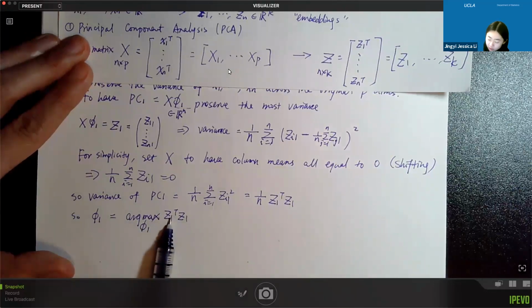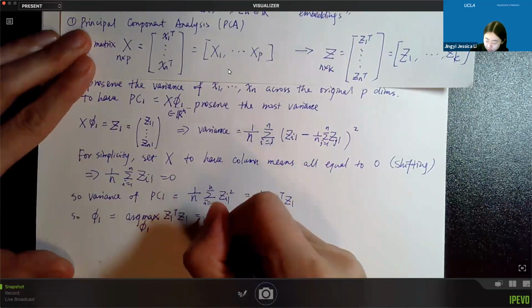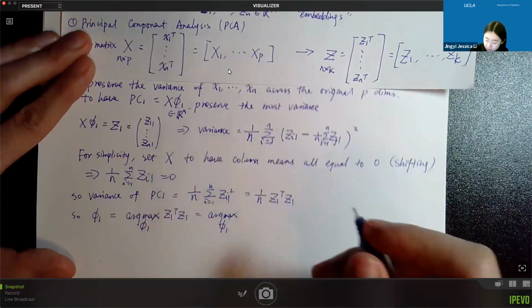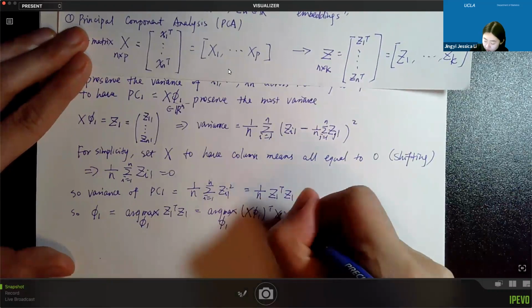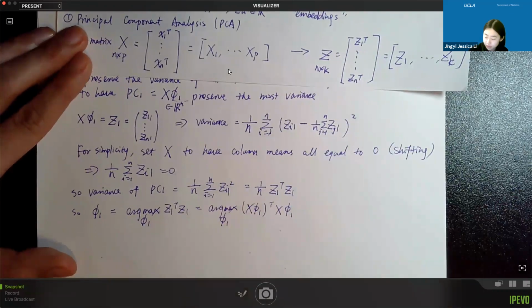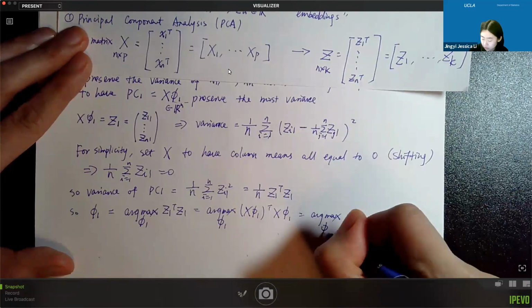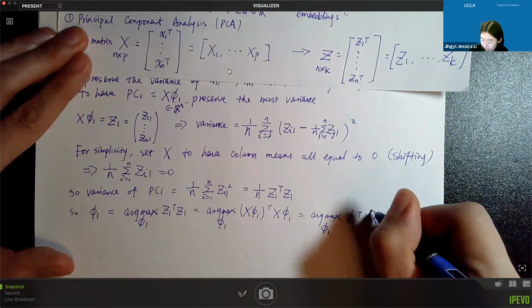And z1 depends on phi 1. So it's actually an argmax to find phi 1 to maximize X phi 1 transpose X phi 1. If I continue, this thing to be maximized is actually phi 1 transpose X transpose X phi 1.